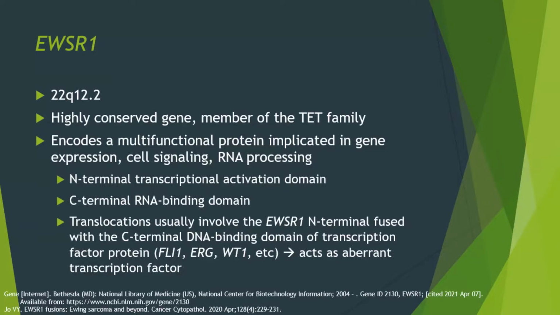Translocations usually involve the EWSR1 N-terminal fusing with the C-terminal DNA binding domain of a transcription factor protein such as FLI1, ERG, or WT1, and this fusion protein now acts as an aberrant transcription factor.